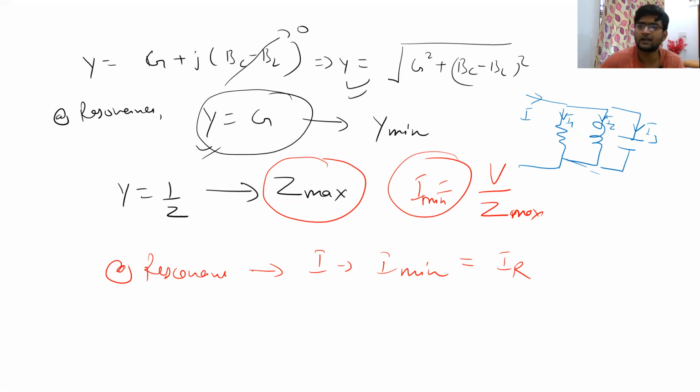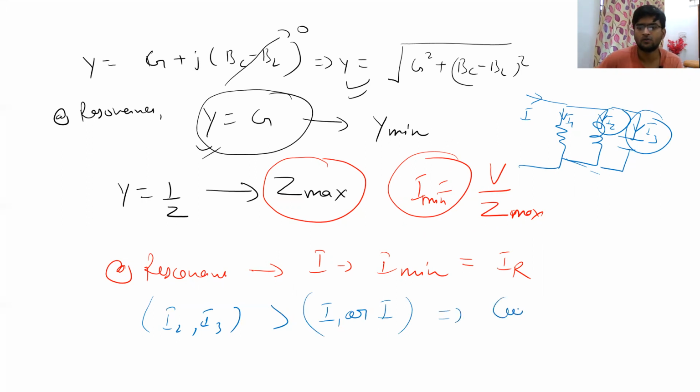So the value of currents in the inductor and capacitor, which are I2 and I3, is going to be higher than the value of current in the resistor I1, or this is basically equal to the total current I in the circuit. So this phenomenon is called current magnification, right?